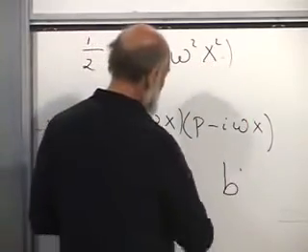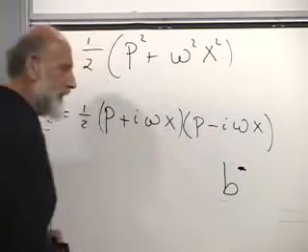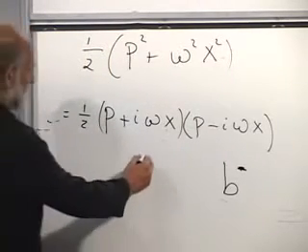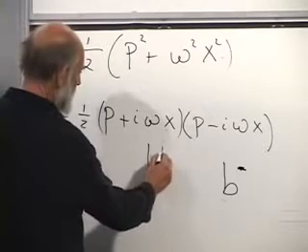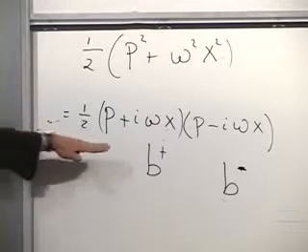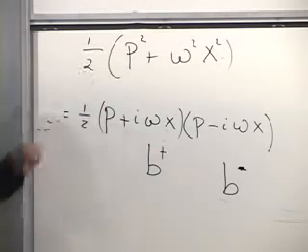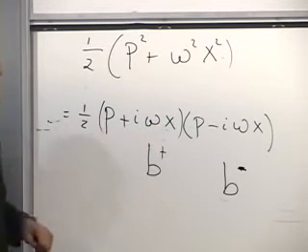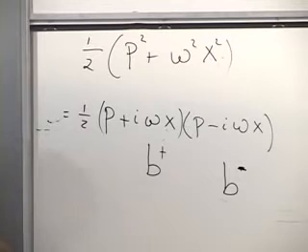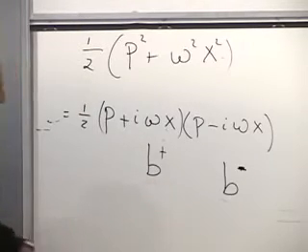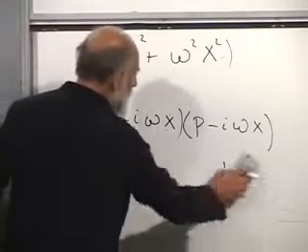Let's call it B minus, just because it has the minus sign in here. And let's call this one B plus. Now, strictly speaking, in quantum mechanics, B plus times B minus is not equal to p squared plus omega squared x squared. And the reason has to do with the non-commutation of x and p. So let's see, if we wrote the Hamiltonian like this, let's forget this for a minute.